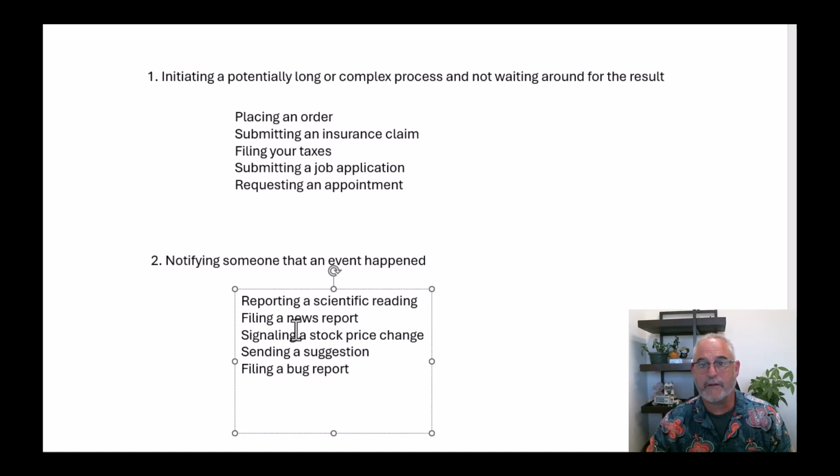Filing a news report is a similar kind of thing. A reporter in the field gathers up information, files the report. That will perhaps cause it to go through editorial and get published, but really their job is just to file it. Or signaling something like a stock price change, or sending a suggestion to an electronic suggestion box, or even filing a bug report.